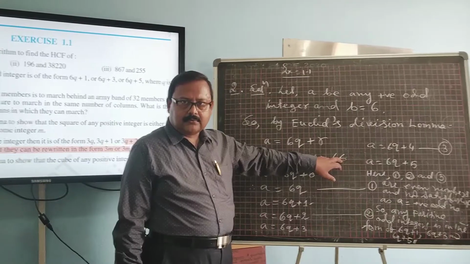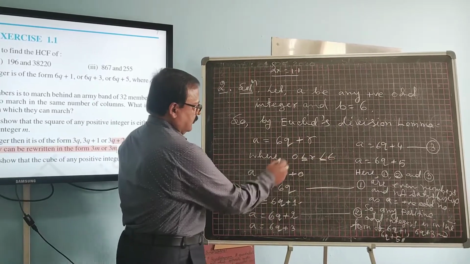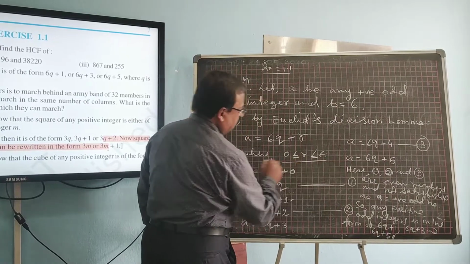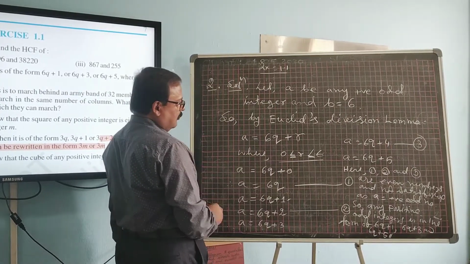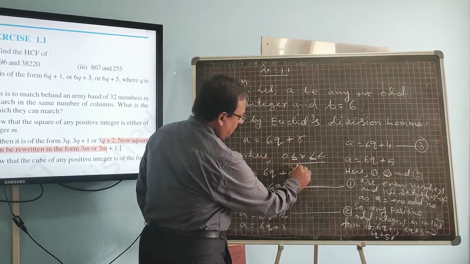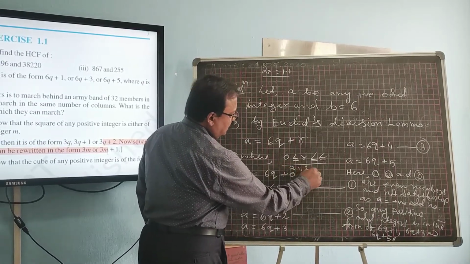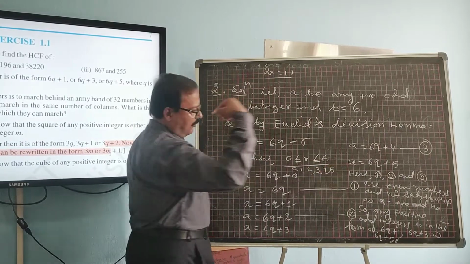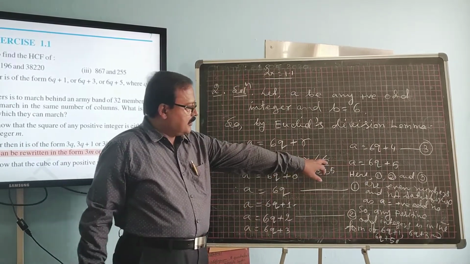You understood? 0 less than or equal to r less than 6 means what numbers can we put here? We can put 0, 1, 2, 3, 4 and 5, up to 5. Less than 6 means up to 5.